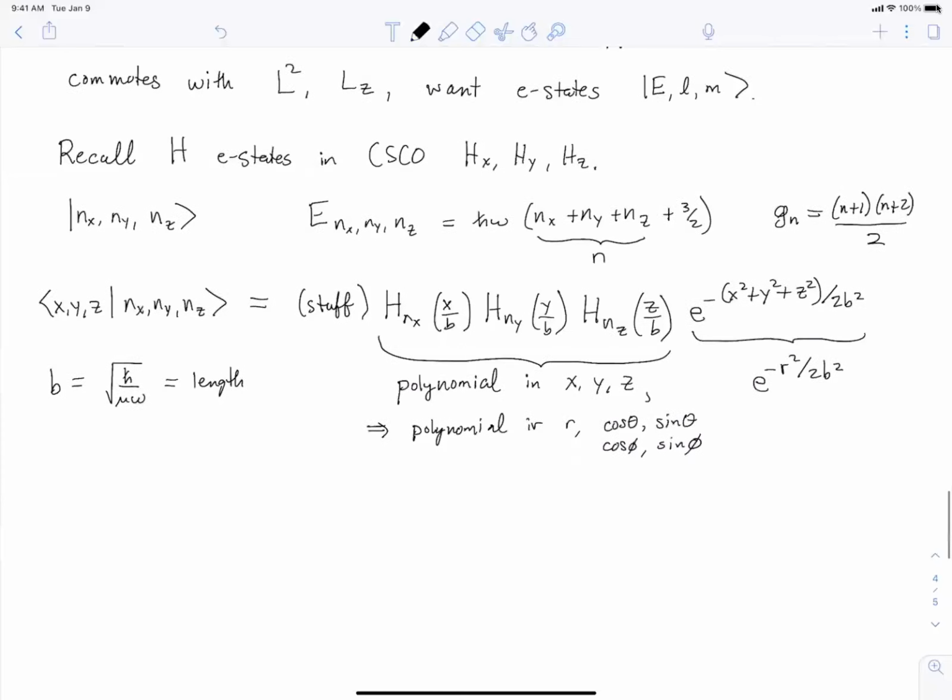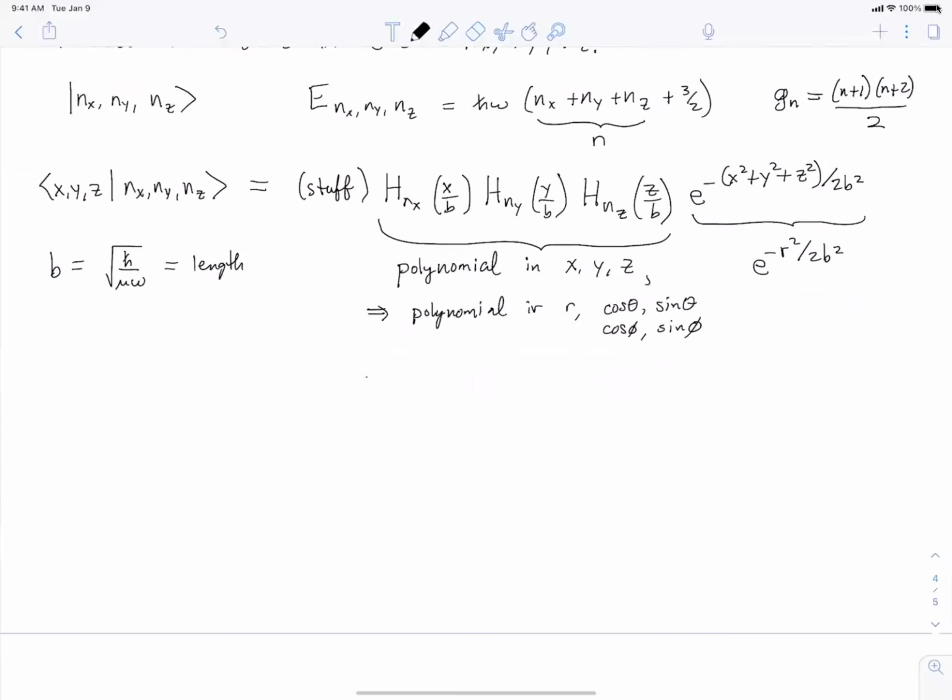So it's got some angular dependence, but what that means is that it's going to be a polynomial in r multiplied by some spherical harmonic. Because we know that we're looking for eigenstates of angular momenta, and they always arrange themselves into Y_lm's.